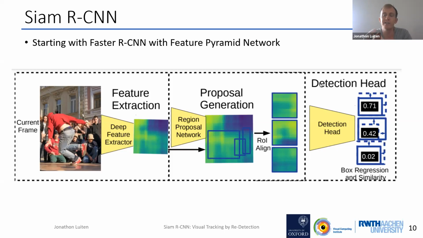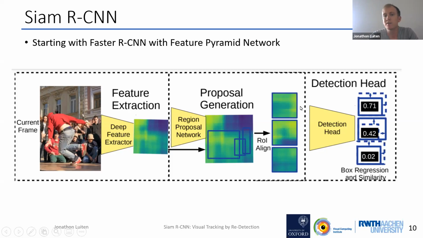What I'm showing you is a diagram just for Faster RCNN. So just detection, no tracking yet. We have a current frame and a deep feature extractor. I've made my deep features all colorful. You have a region proposal network, which proposes regions. You can see those are boxes. In here we have multi-scale features. It's hidden in the architecture, but they're there. It proposes some boxes in the image.